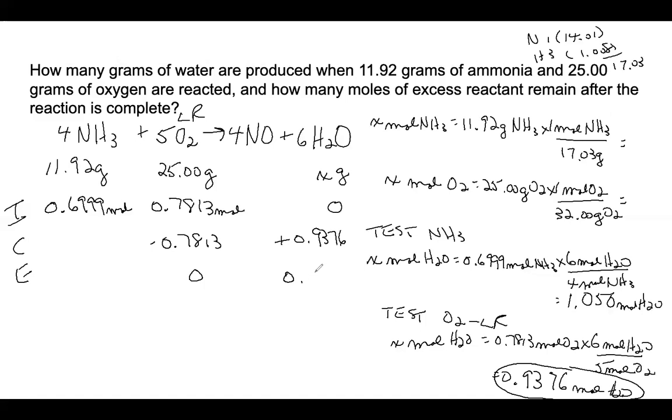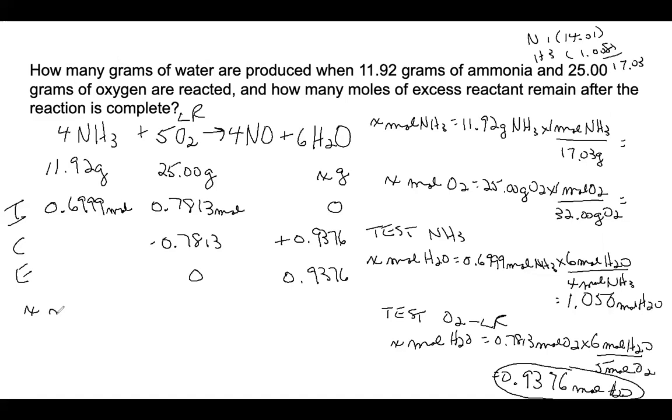So at the end, for now, these are always going to be the same numbers, but later on in higher levels of chemistry, they won't always be. All right, and now we're going to figure out how many moles of the ammonia actually got used up. Do that here.